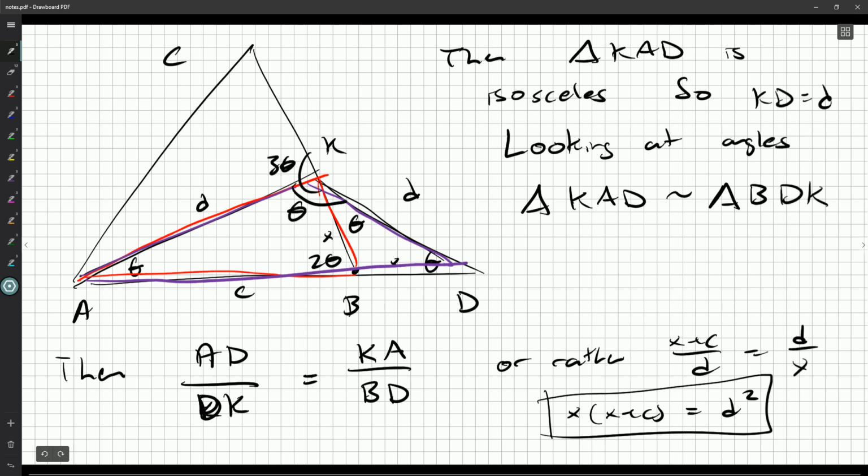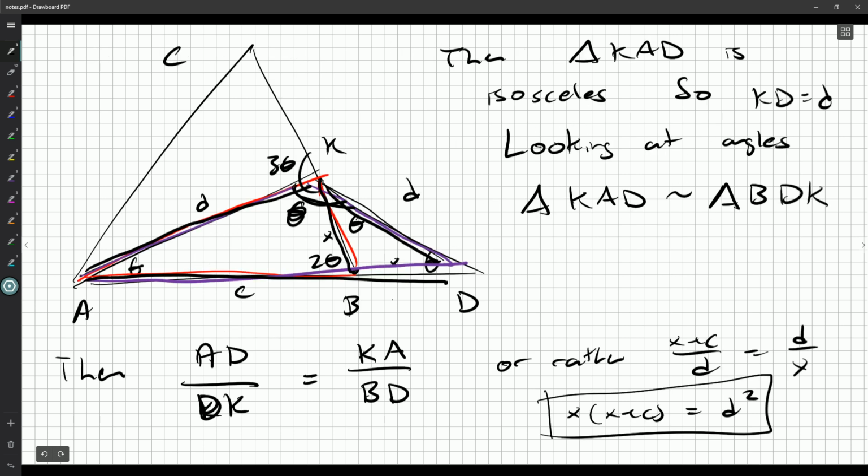So I'd have c plus x, this side, is to the old long side, that is to say d, as my new short side, d, is to my old short side, x. So yes, this does still hold, so I can show that this is theta and that theta must be 45.